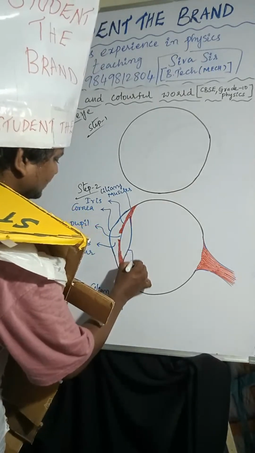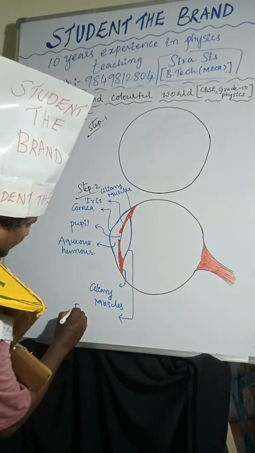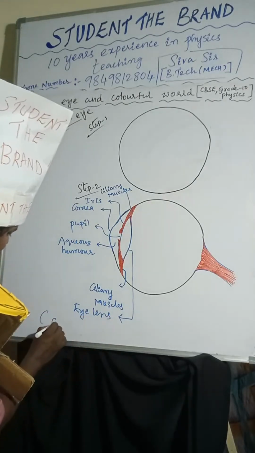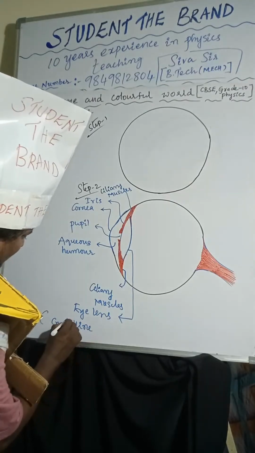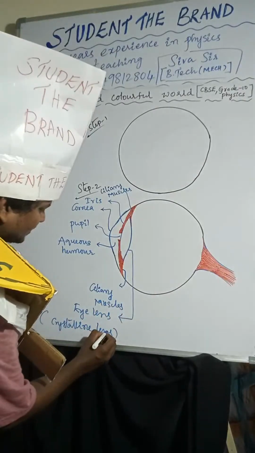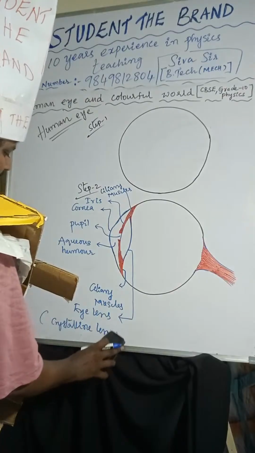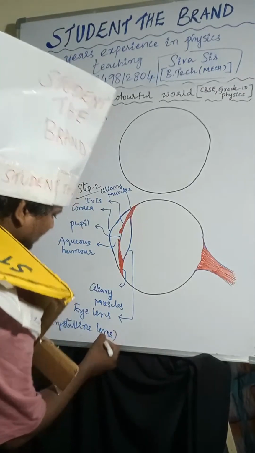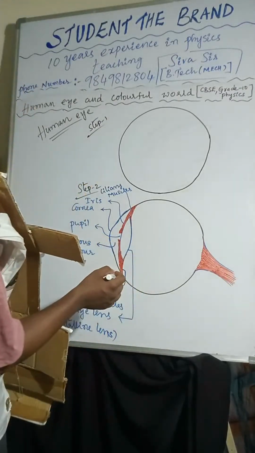The eye lens is also called the crystalline lens, or we can say convex lens, because it is a convex lens only. So that's enough for these points.